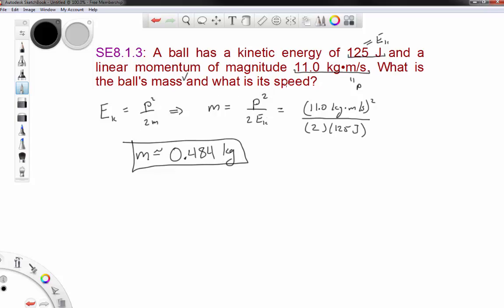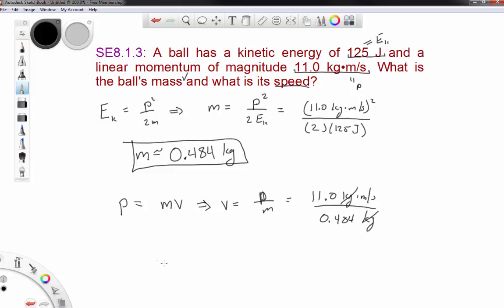We still need to know the speed v. So recall that the momentum is equal to the mass times the speed, if we would just do the magnitude. And so this means that the speed can be obtained by taking the momentum and dividing by the mass. So that's 11.0 kilogram meters per second divided by 0.484 kilograms.